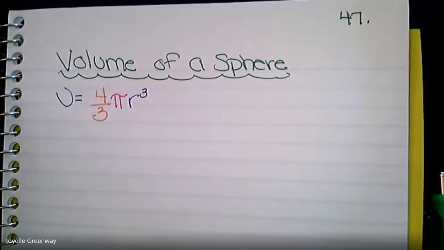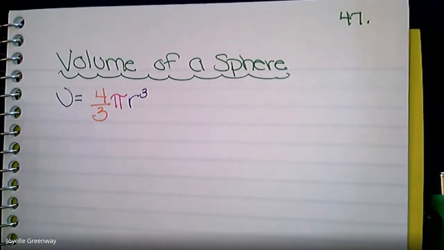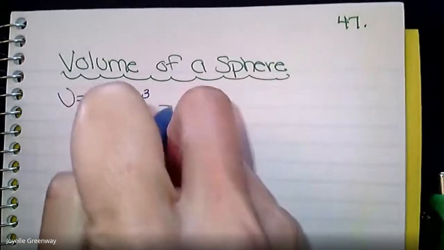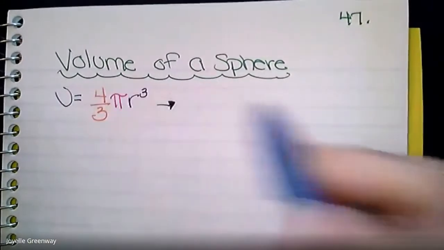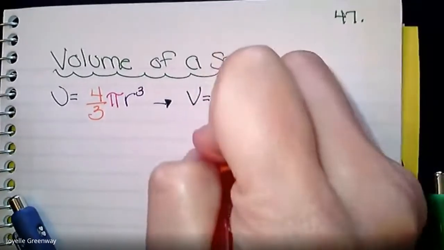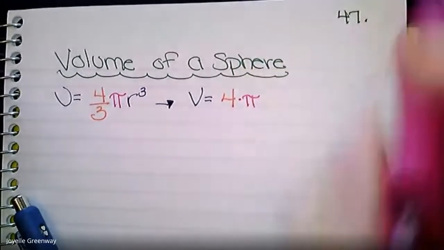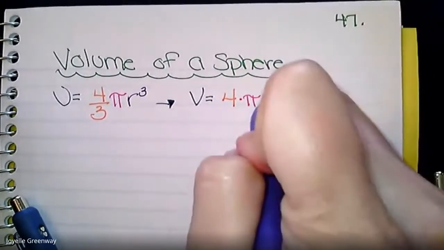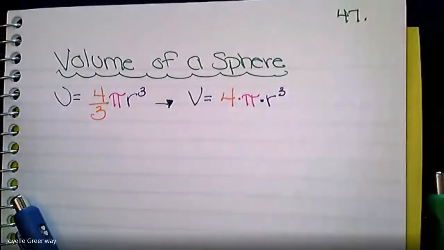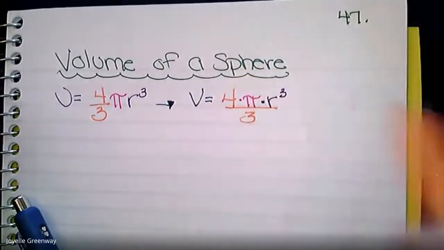What that means is, you can think of it this way: volume is equal to 4 times pi times your radius cubed, divided by 3.